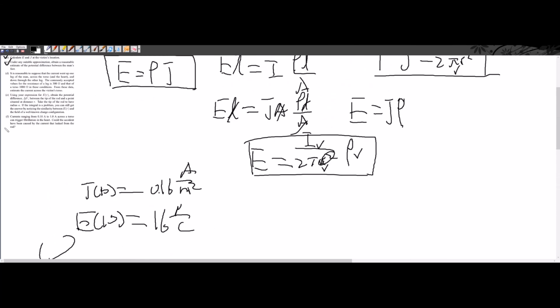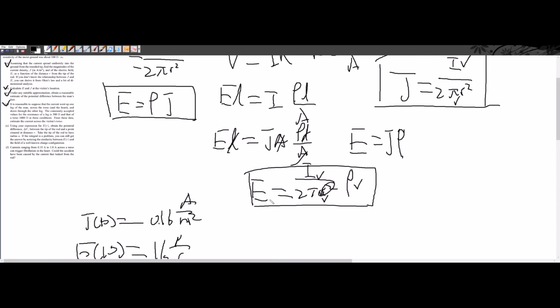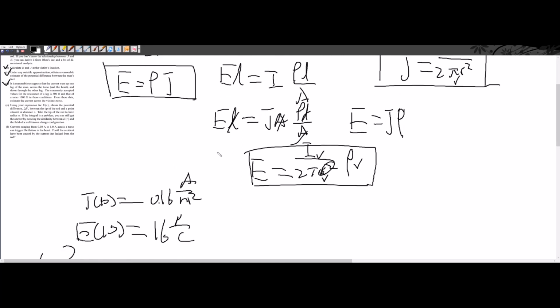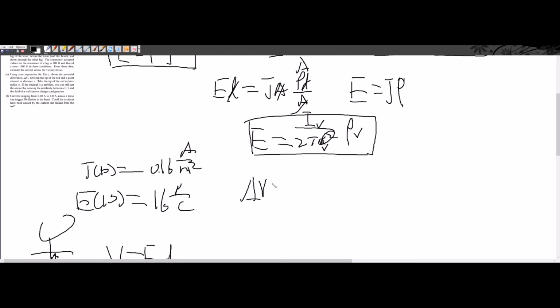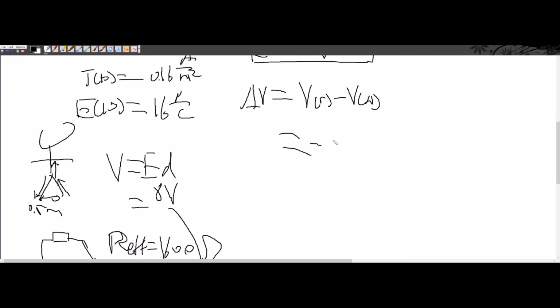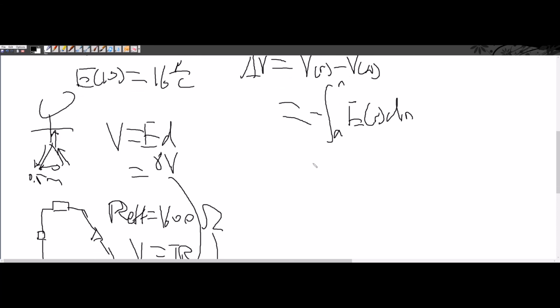Now for the next part. Using your expression for E of R, obtain the potential difference delta V between the tip of the rod and the point situated at distance R. Take the tip of the rod to have radius A. The potential difference is just V at R minus V at A. We can do this by taking the integral of the field, from A to R of E of R dr, with a negative sign.